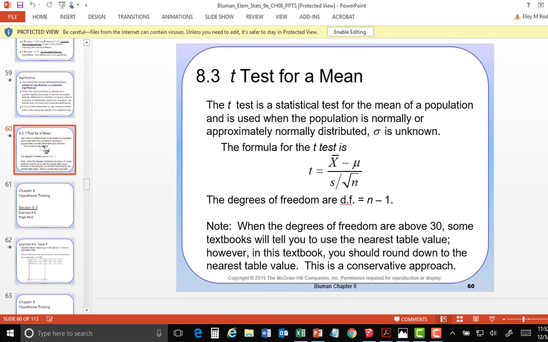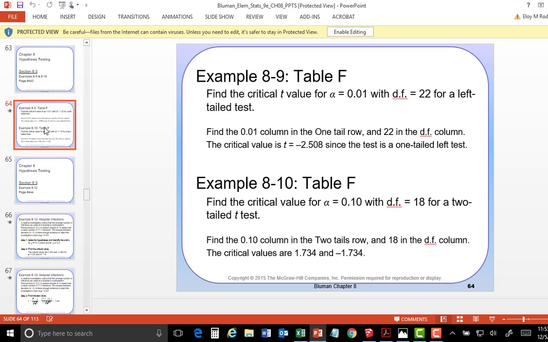Degrees of freedom, well, whatever, it's just a rounding thing. So this is now going to be our t-value, with degrees of freedom. The critical value for the alpha with degrees of freedom. Find that critical value, and then compare it to the significance level. Let's try one so we can see it.